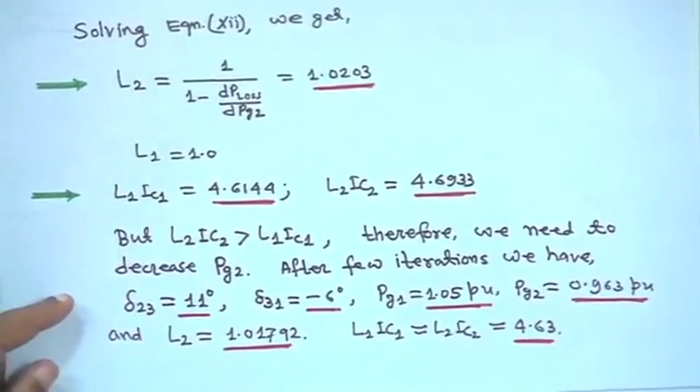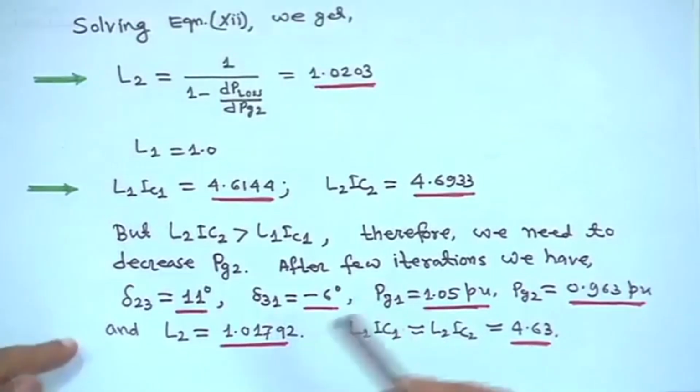Let me tell you, this is only to show you how things work. It is not that in the classroom we will do so many iterations. Only the steps are shown, that is how one can solve this. You may have to do a few calculations only, but as far as the classroom is concerned, or in the exam hall, we cannot give an iterative process like this.